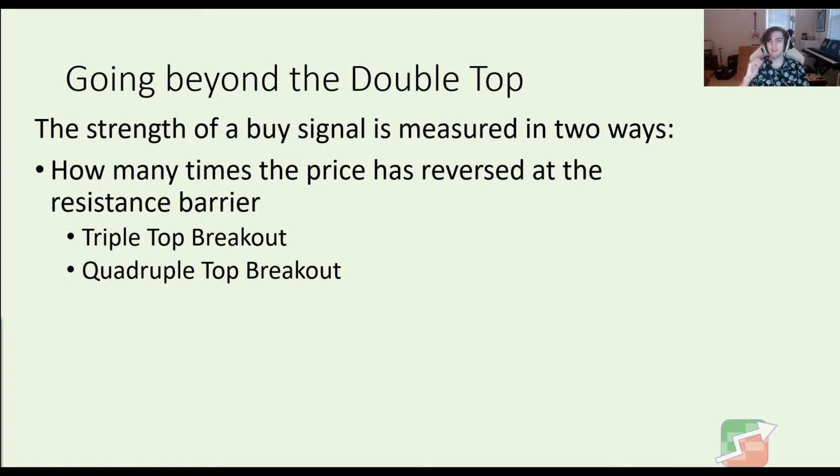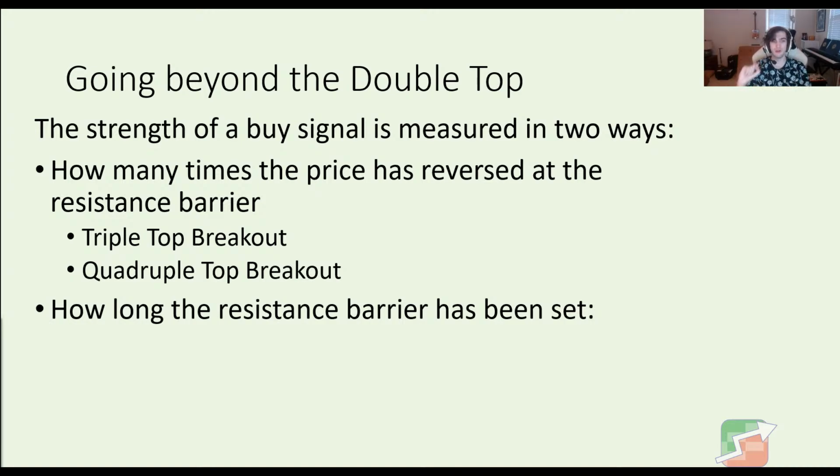So how many times the price has reversed is important, but also how long it's been since we've broken above that resistance barrier. Because sometimes we may have a stock that doesn't break above its resistance for months. So when it finally does break above it, something's changed.